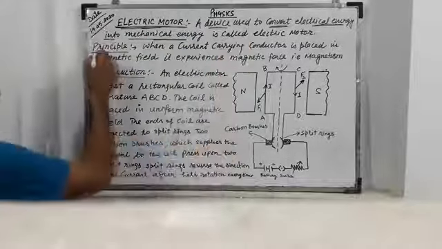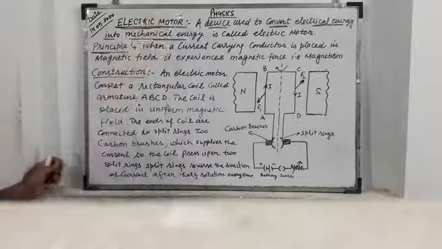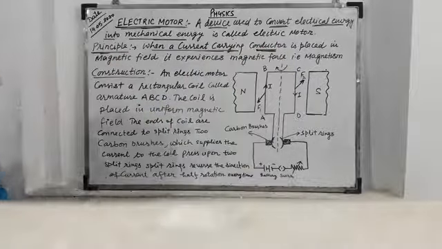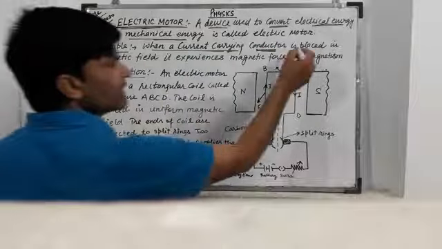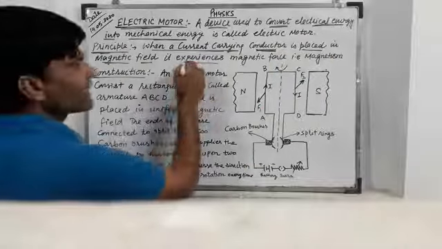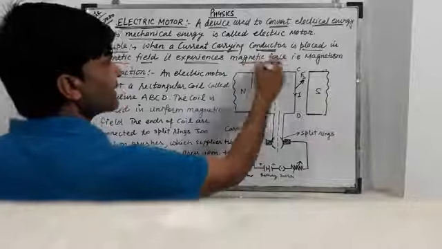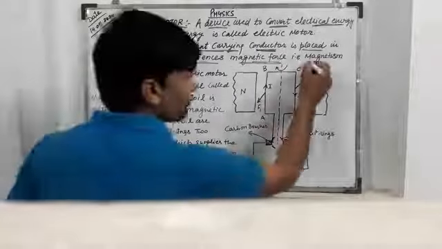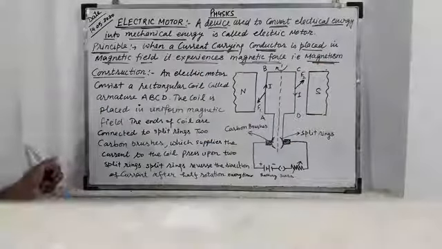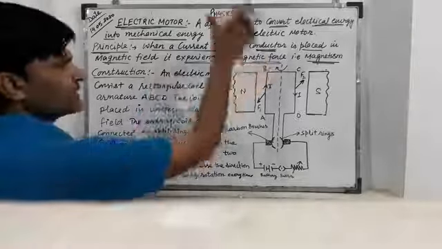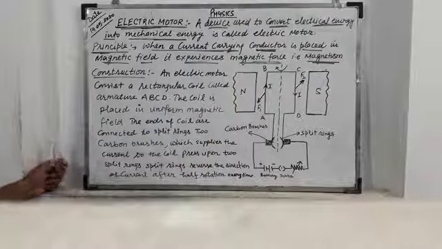The principle of the electric motor is that when a current carrying conductor is placed in a magnetic field, it experiences magnetic force. This is also known as the motor effect.